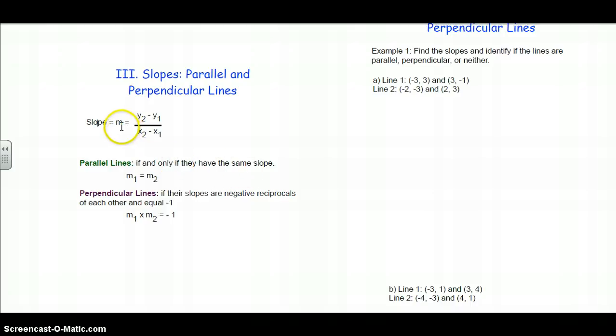So when you see something that has the same slope, they're parallel. They're perpendicular if their slopes are negative reciprocals of each other. So if m1, slope 1, times m2, slope 2, equals negative 1, then it's a perpendicular line.